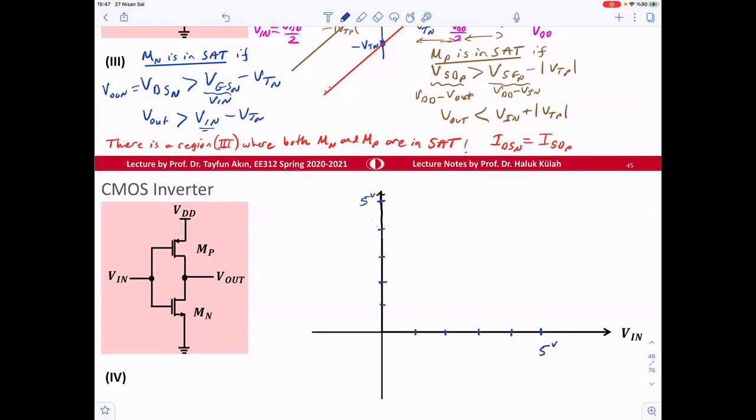So in the transfer function, this is VTN, which is equal to 1 volt.